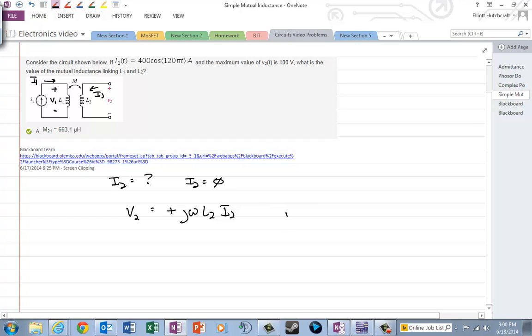But then we don't know, this should be j omega M I1, and we don't know whether this should be a plus or minus sign because it does depend on the dot convention.